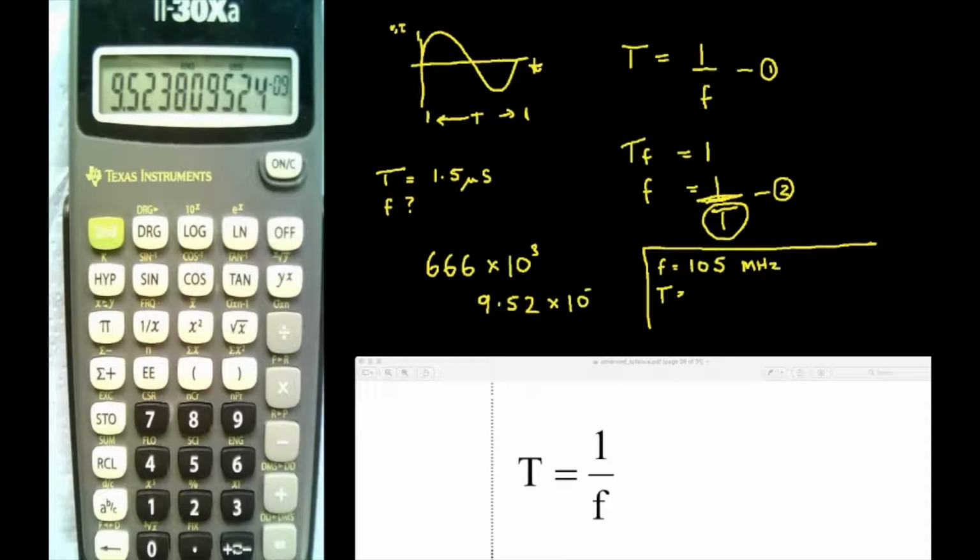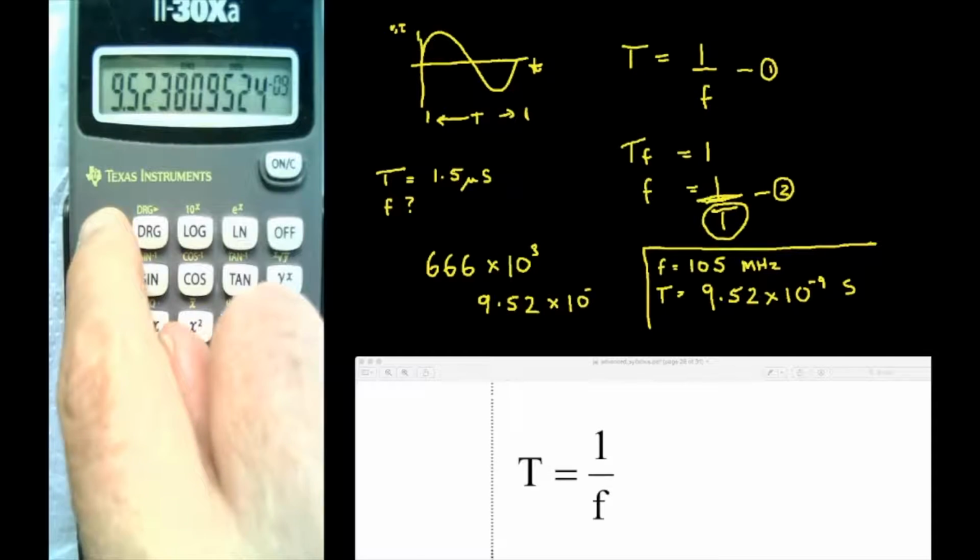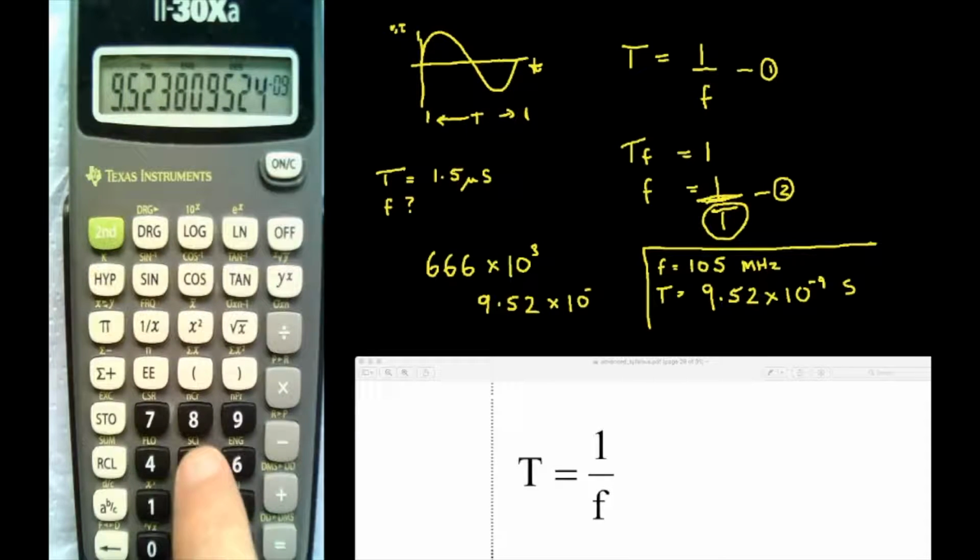Oops, I'm writing it down in the wrong place here. Sorry about that. 9.52 times 10 to the minus 9 seconds. In other words, 9.5 nanoseconds. Minus 9 being nano. Now we go to the second function, float.